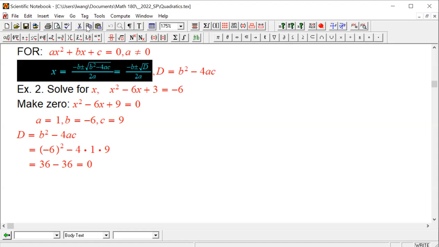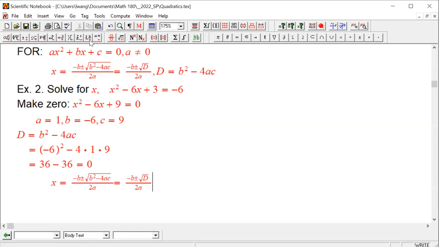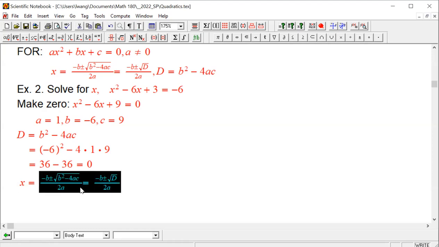And then we can use the formula. In this case, I'm going to just use the latter one. They're the same thing because I already found D, right? D is 0. That's gone. So plus minus 0, that's gone. And B is -6.